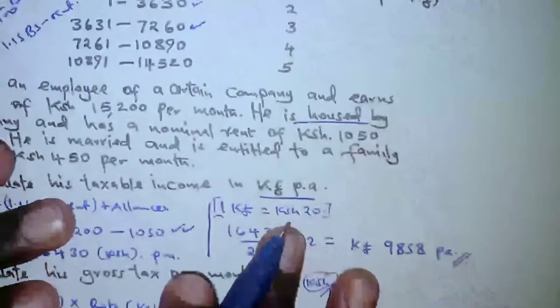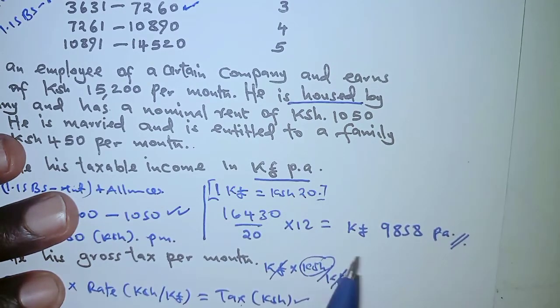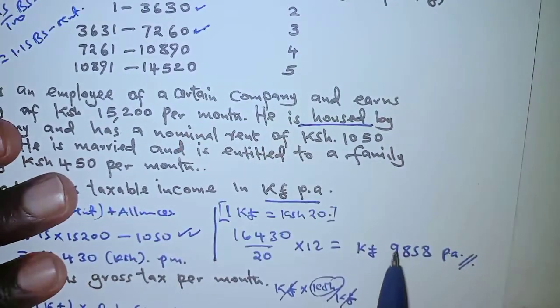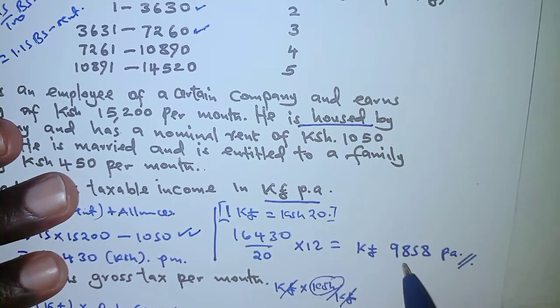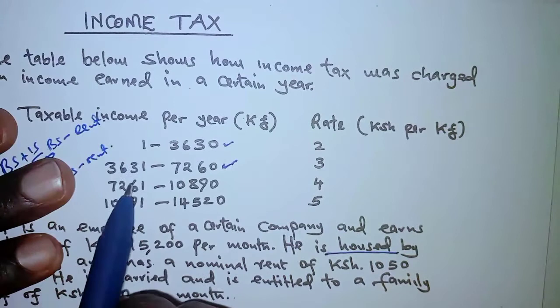Now moving to the next band, we realize that we have 10,890, which is now above the taxable income that we have. So for this particular case, we need to note that this amount, 9,858, lies in this band.